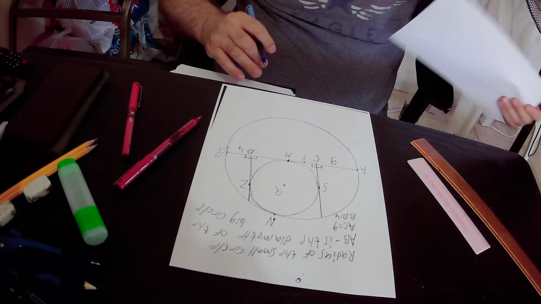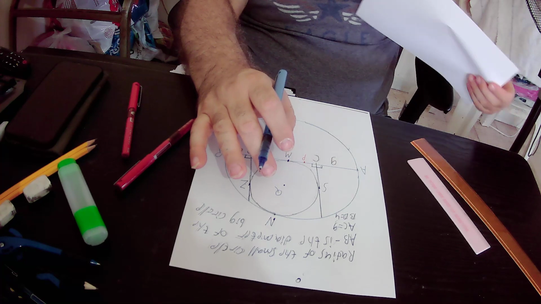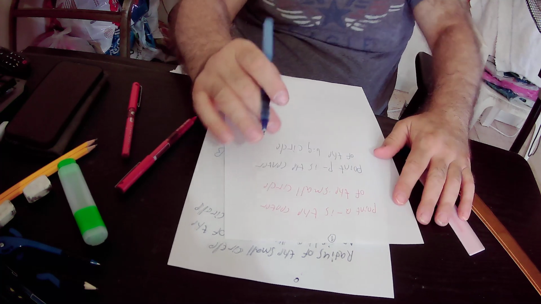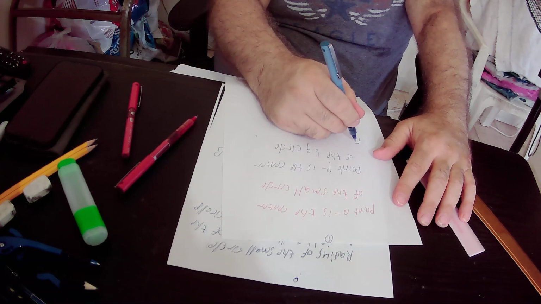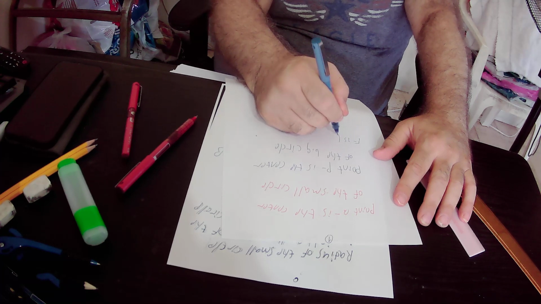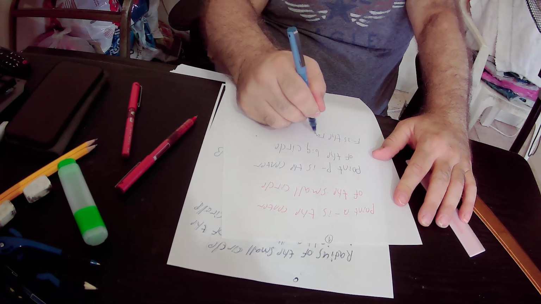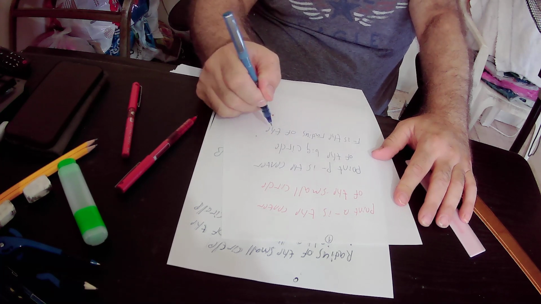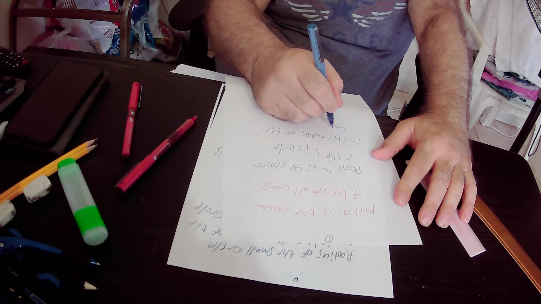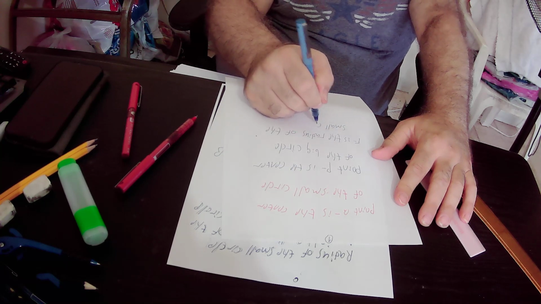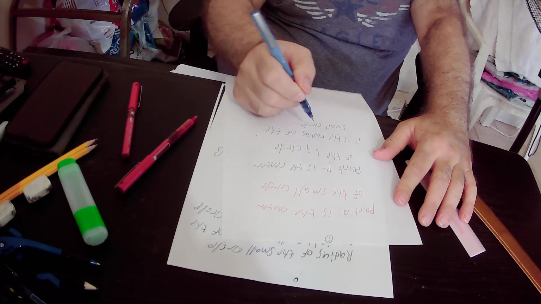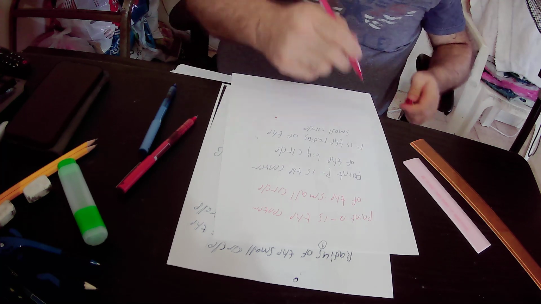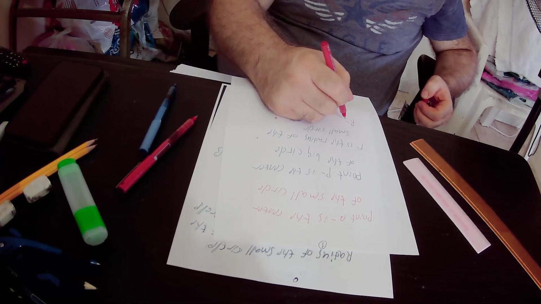We will define small r as the radius of the small circle. Small r is the radius of the small circle, and we will define capital R as the radius of the big circle.